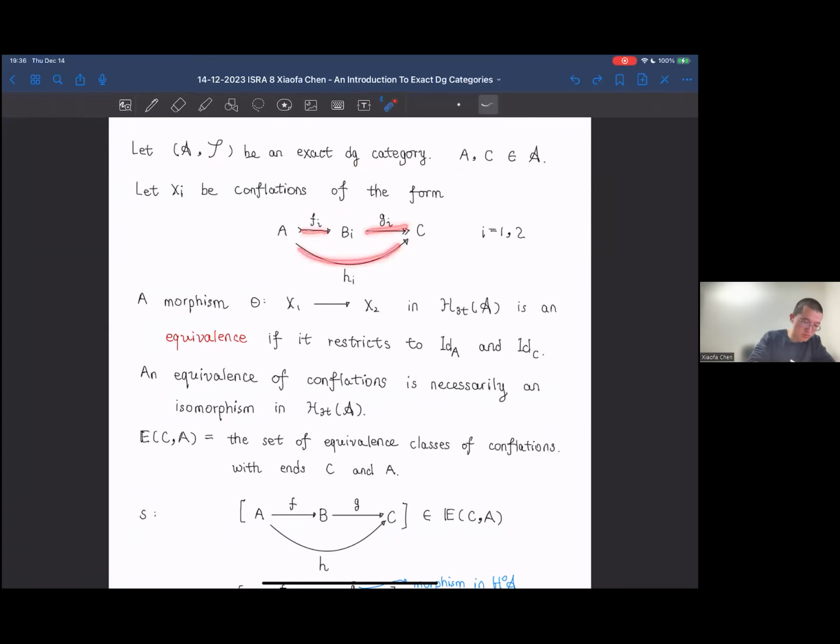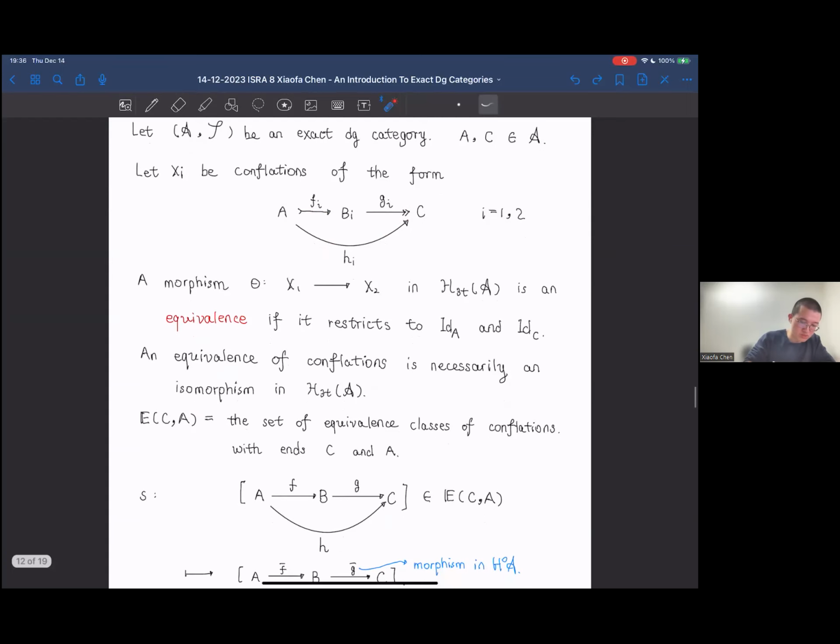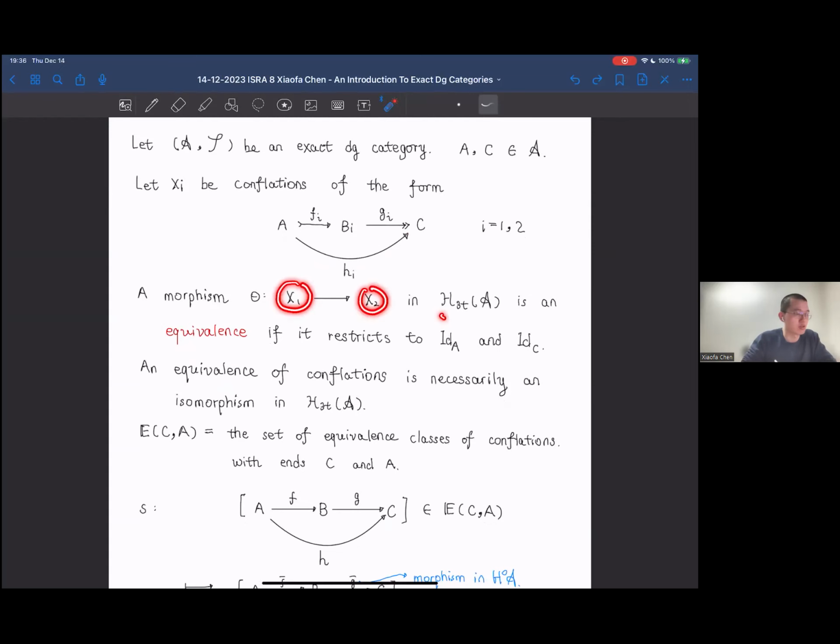And suppose we have a morphism from X1 to X2 in this category of three-term homotopy complexes over A. It is an equivalence of conflations if it restricts to identity of A. So such a morphism is given by this.